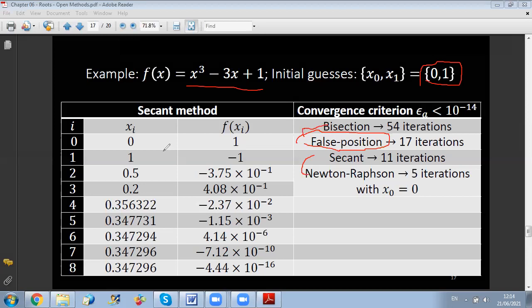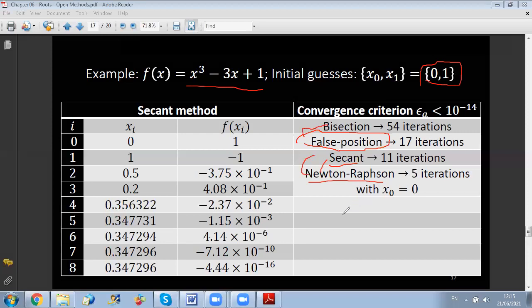For example, for secant, if you consider x0, x1 as 0 and 1, if you start with these two guesses, you can have a very good result. The same for Newton-Raphson. You expect it to behave better than secant because it gives you the actual tangent line. The secant approaches Newton-Raphson when the two initial guesses are close to each other. In this way you will be closer to the tangent line when you do your iterations.